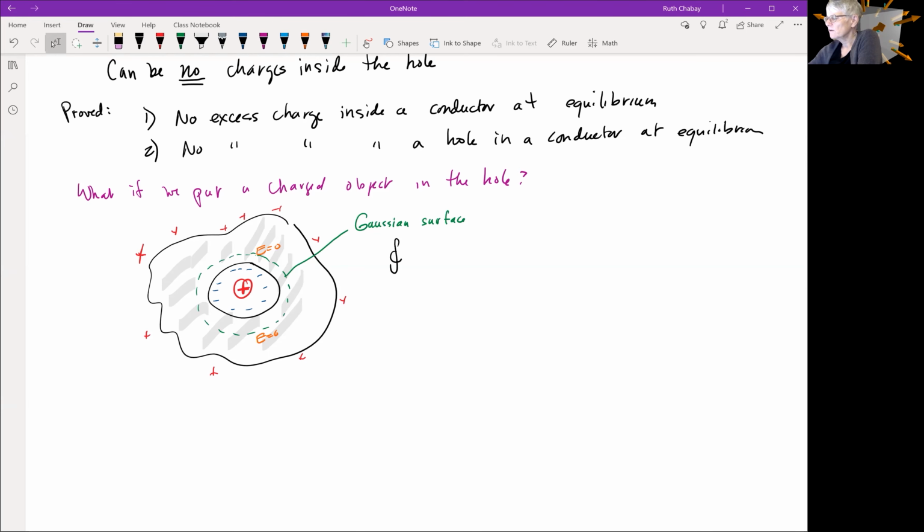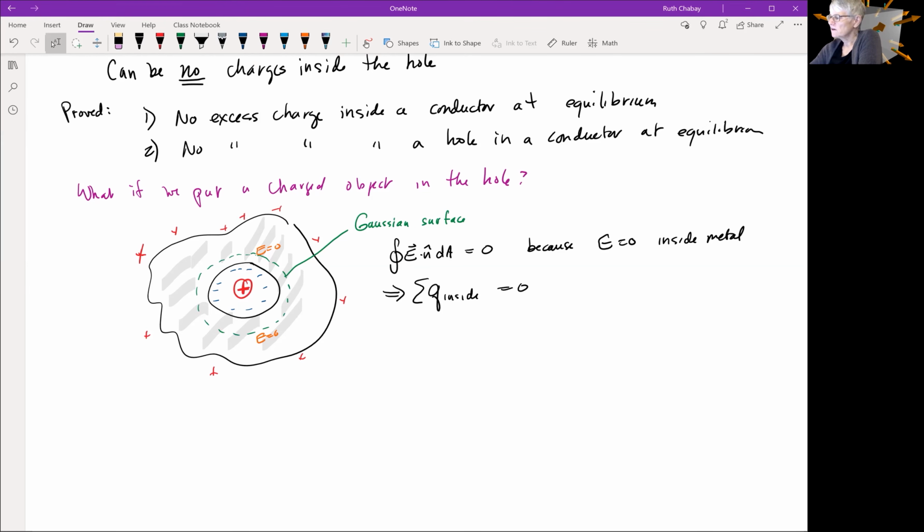So we know that the left-hand side of Gauss's law, the integral of E dot n hat dA, the electric flux, has to be zero because E is zero inside the metal. And this implies that the total amount of charge inside has to be zero.